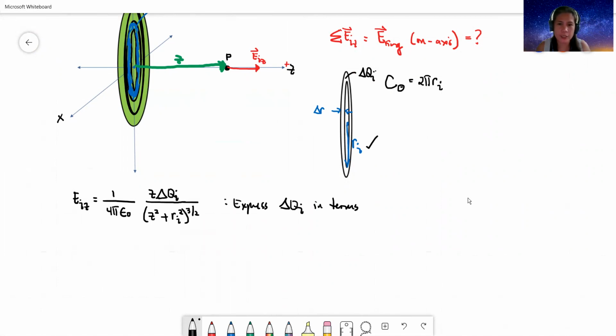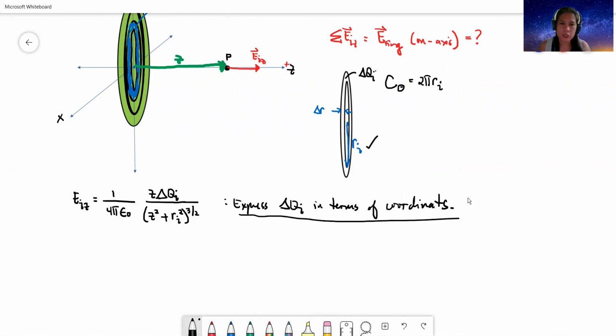In other words, we will put a substitute for delta Q in terms of surface charge and the coordinates, like area. In terms of coordinates, because we will be integrating later, right? So what do we mean by this?